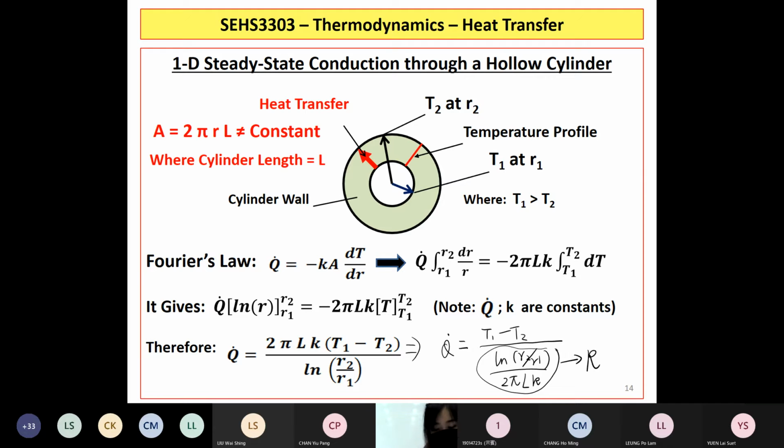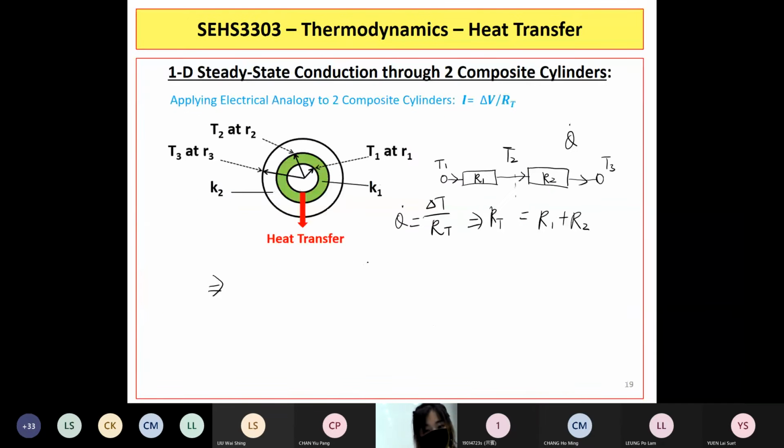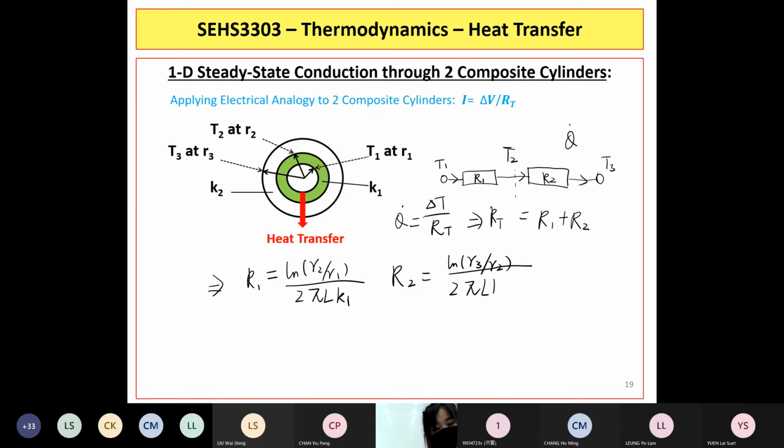So we use this R. That means R1 should be ln R2 over R1 divided by 2 pi L K1, and R2 is ln R3 over R2 divided by 2 pi L K2.